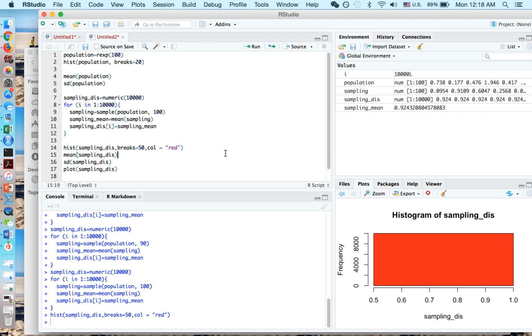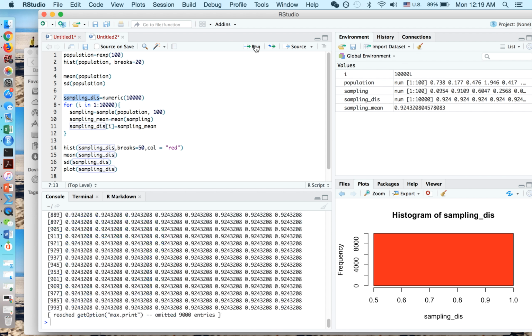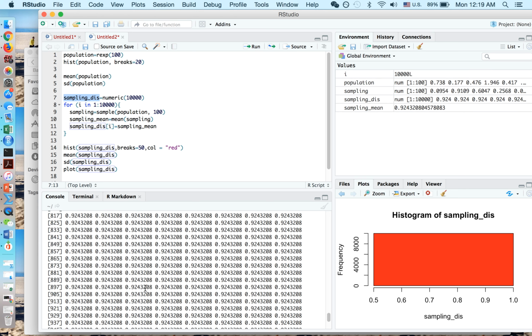Why? Because at this point, if we have a sampling size of 100, our sampling distribution is going to look like this. We pretty much will be getting the same value, right?